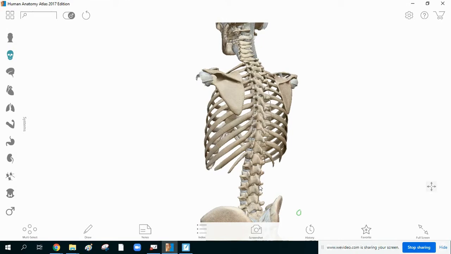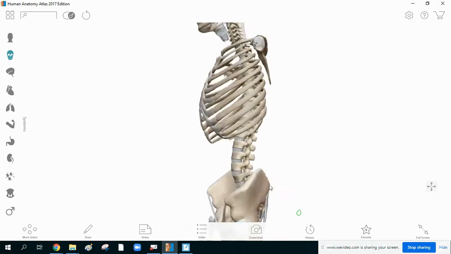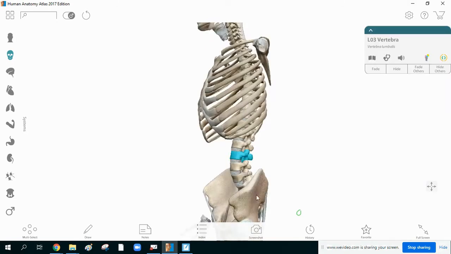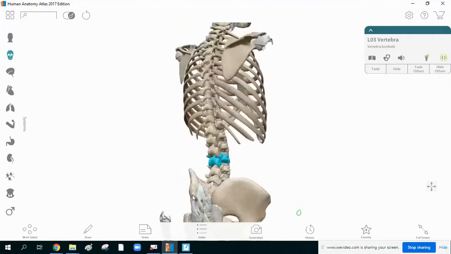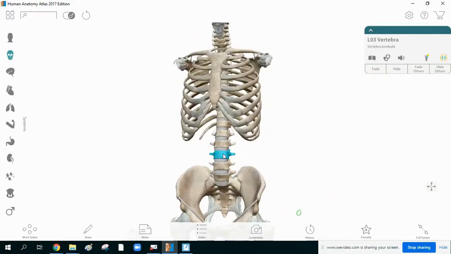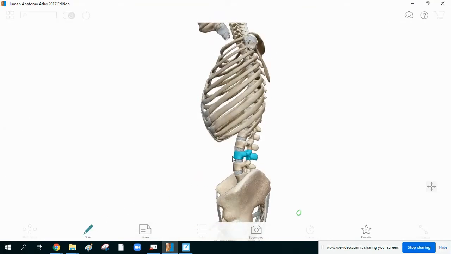But before we do, I'm going to pick a vertebra from the lower back area, and we're going to look about its orientation within the body. So as you can see, the vertebra has a really chunky part to it, and that chunky part of the bone faces forward or anteriorly.